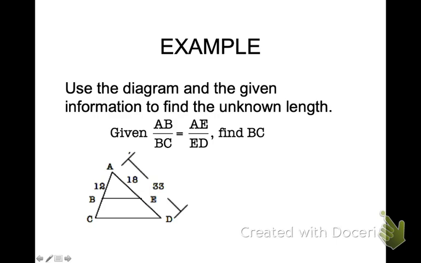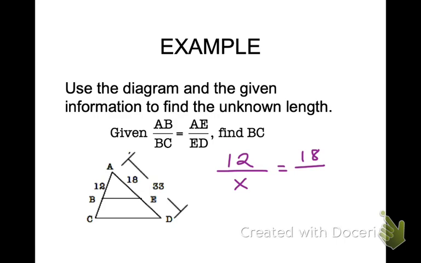Next one, we are given the ratio of AB over BC is equal to the ratio of AE over ED, and we're looking to solve for BC. So what is AB's length? 12, good. Do we know BC? Nope, so I'm going to put an X there. AE is 18.